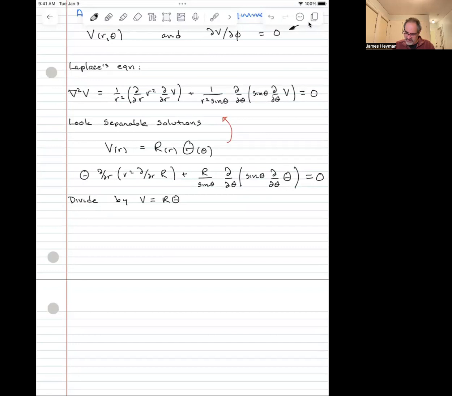And once we do that, we find that we get the following. 1 over R times the derivative with respect to r of r squared times the derivative with respect to r of the radial function, plus 1 over the theta function, times 1 over sine theta, times the derivative with respect to theta of sine theta times the derivative with respect to theta again of the theta function. And of course, this equals 0.